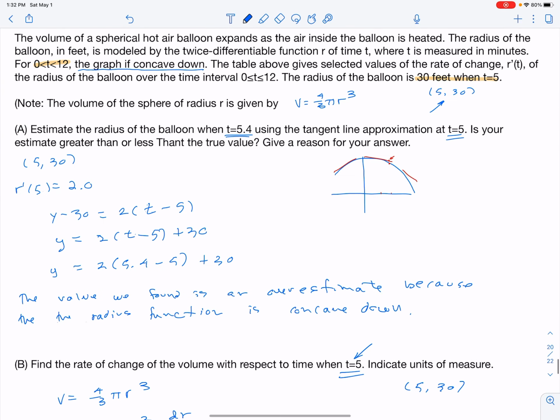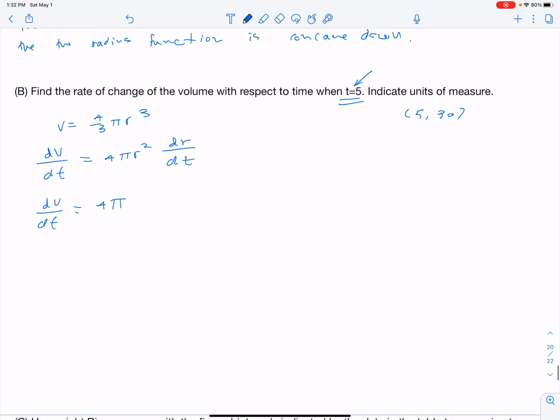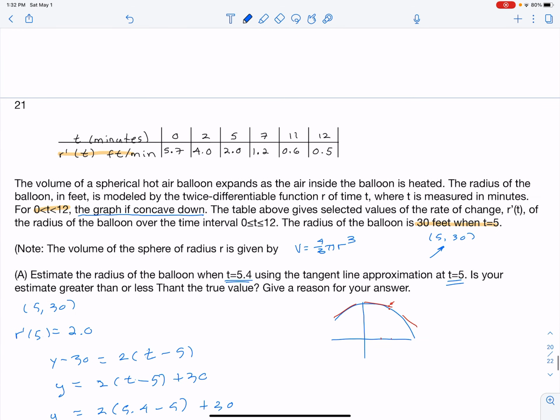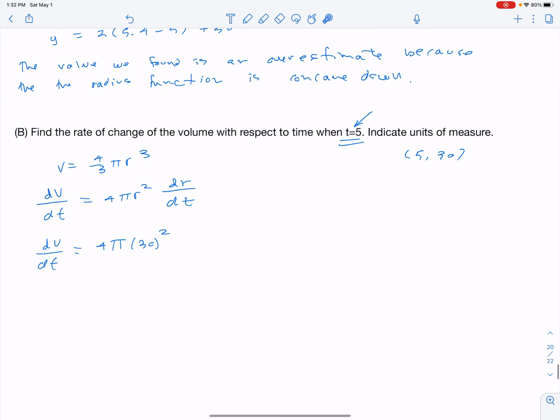Yeah, the radius is 30. So just be careful of that, because you're not plugging in 5, you're plugging in 30 because they're asking for the radius. So this is 30 squared. And then dr/dt at 5 is 2. Okay? And that is our thing.